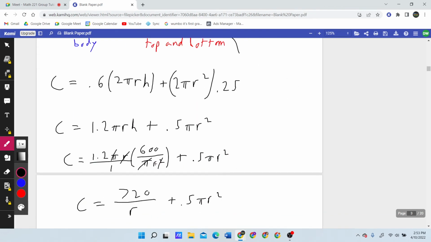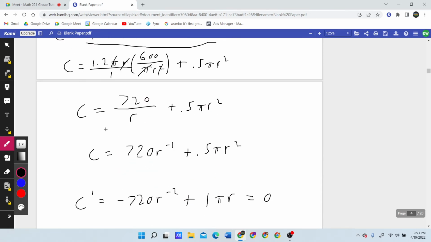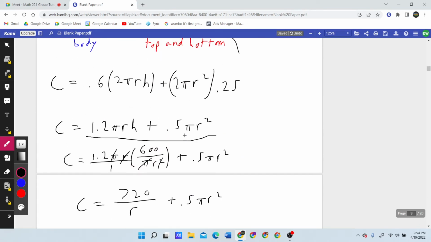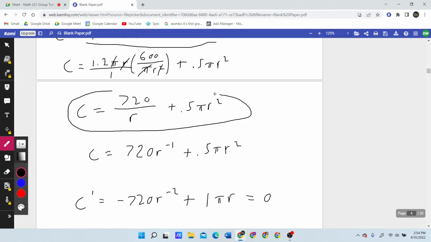For that reason, I'm plugging into my original cost equation, which I got down to here. You can also plug in r, but I'm going to do the one with r and h, because why not? So 1.2 times pi times r times h plus 0.5 pi r squared. Technically, you can also plug into this equation. You actually don't even need to solve for h, but I always like to solve for h because it's good practice.